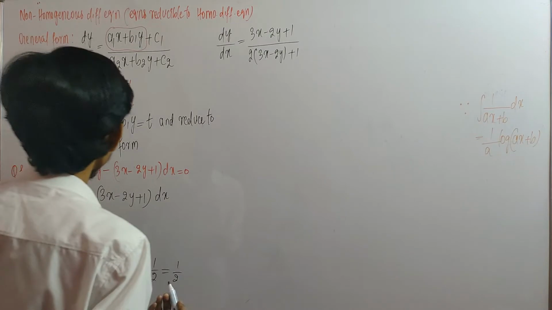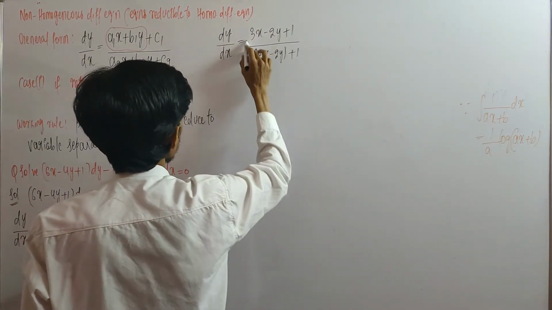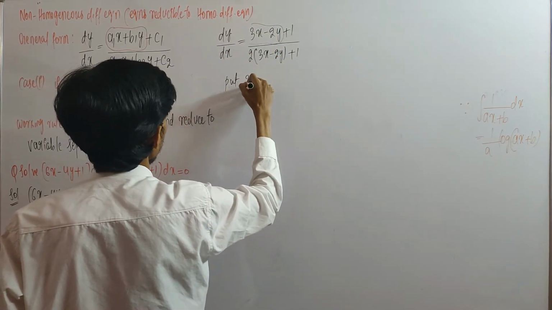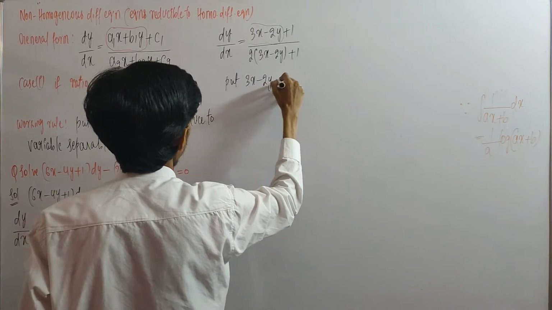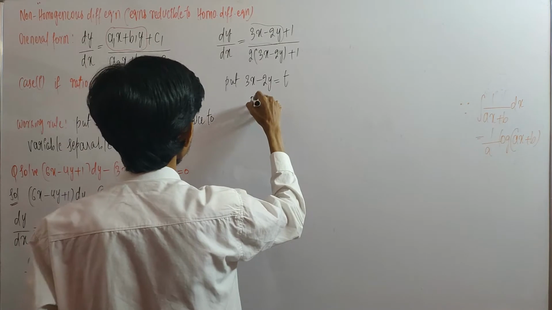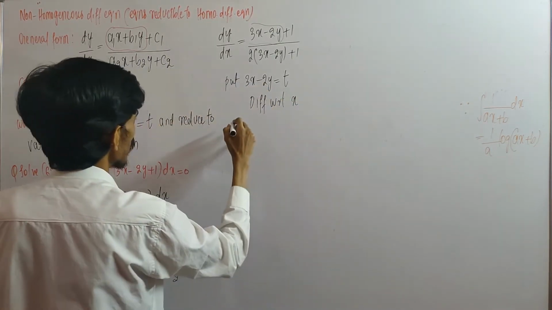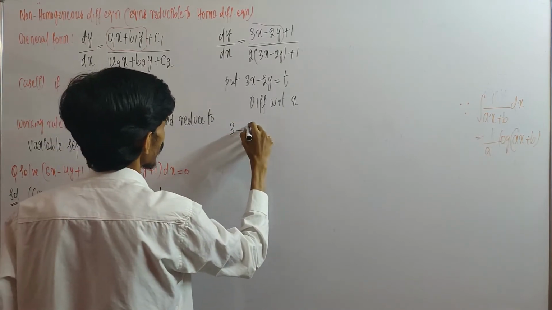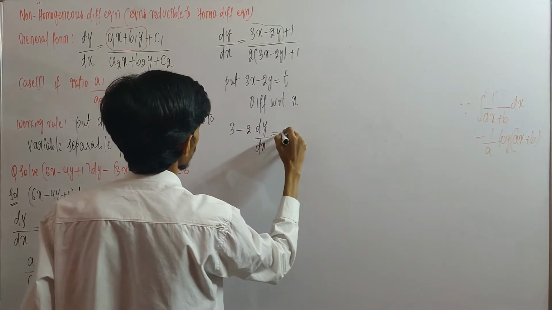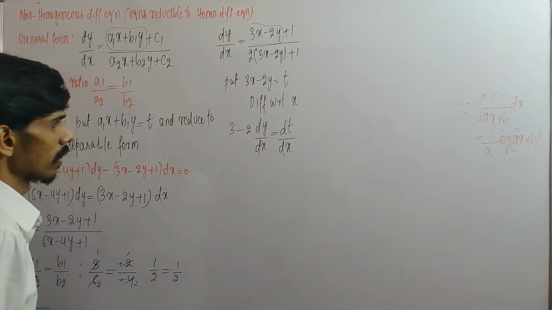In such cases, we will take a1x plus b1y equal to t, meaning we have to assume this part as t. Put 3x minus 2y is equal to some dummy variable t. Differentiate this with respect to x. So here I'll get 3 minus 2 times the derivative of y, dy by dx, is equal to dt by dx.